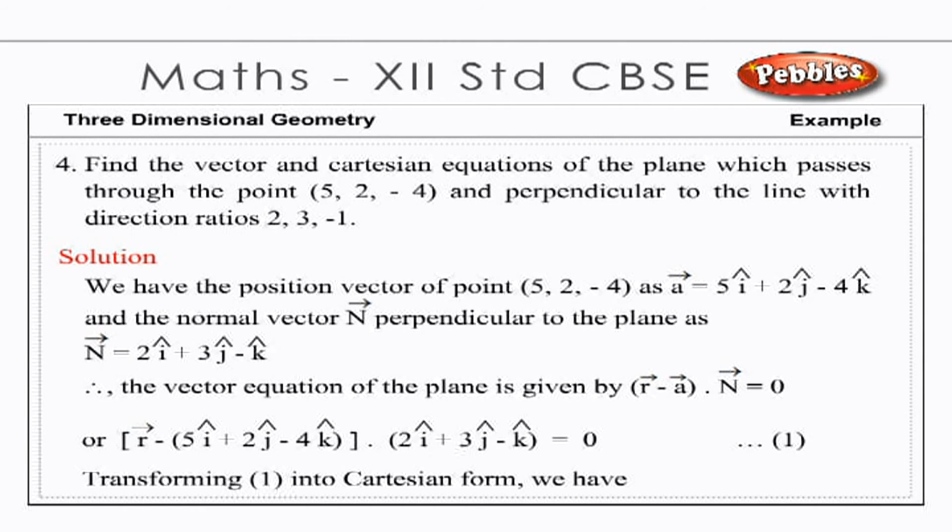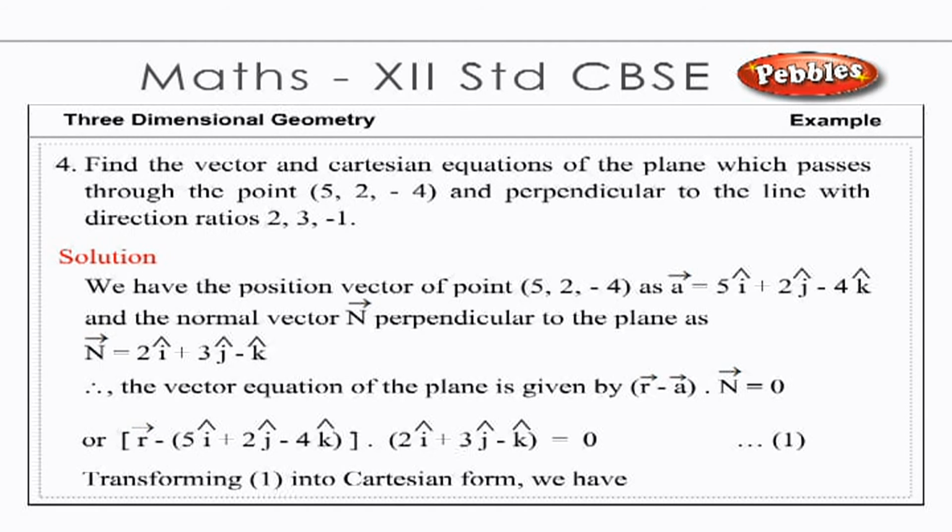We have the position vector of point 5, 2, minus 4 as a vector equal to 5i cap plus 2j cap minus 4k cap, and the normal vector n perpendicular to the plane as n vector equal to 2i cap plus 3j cap minus k cap.